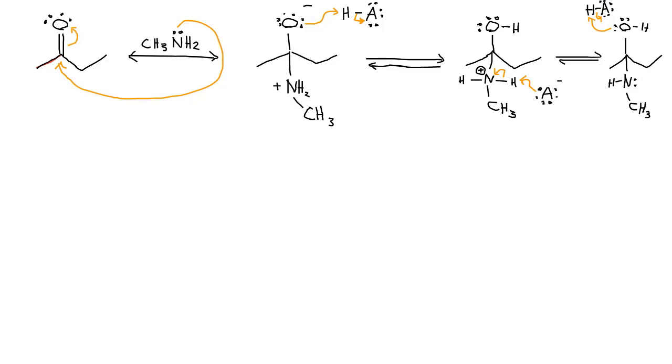Note that it is actually somewhat preferred for the amine on the bottom to get reprotonated. That's just going to take you back to the previous step, and that doesn't move you any further forward on the equilibrium. Whereas if you protonate the top, even though this is less likely, it still does happen that the alcohol gets protonated, and that allows for the next step in the reaction to take place, and I'll show you what that is.